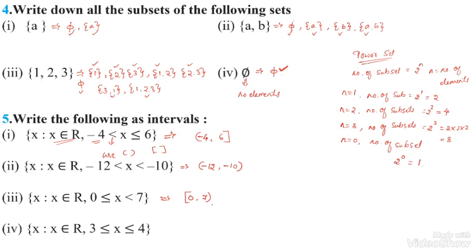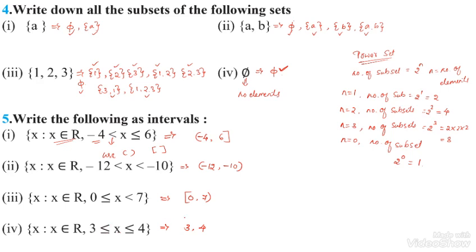Now let us move on to the next question. Question number 4. x such that x is a real number, then 3 is less than or equal to x less than or equal to 4. Now first write the boundary points 3 comma 4. For those boundary points we have to take the interval.